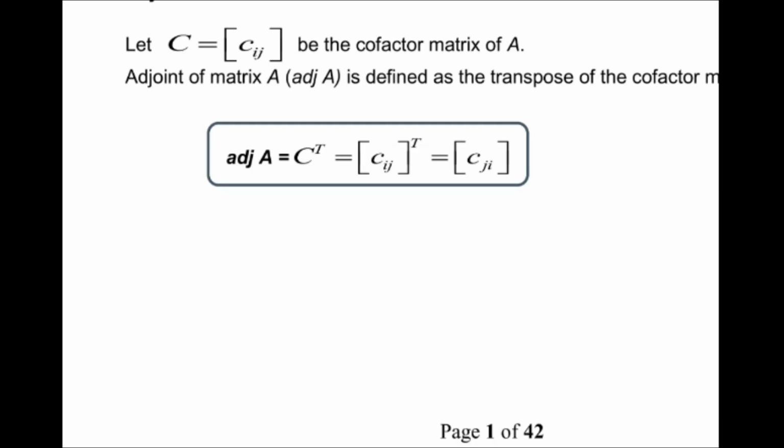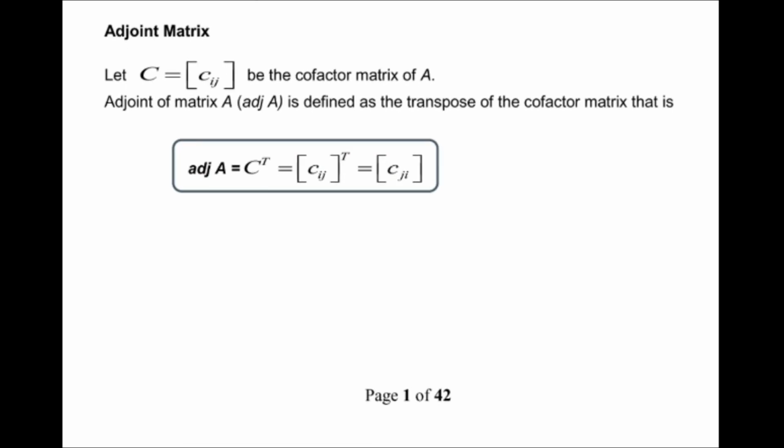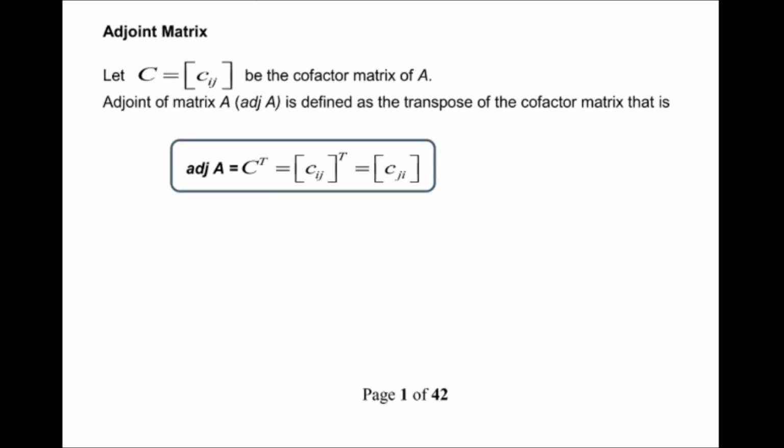Now we go to the explanation of what an adjoint matrix is. Let C equal Cij be the cofactor matrix of A. You have learned the cofactor matrix before. The adjoint of matrix A is defined as the transpose of the cofactor matrix.